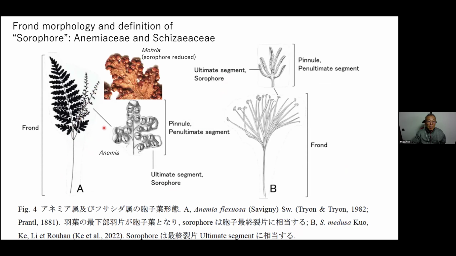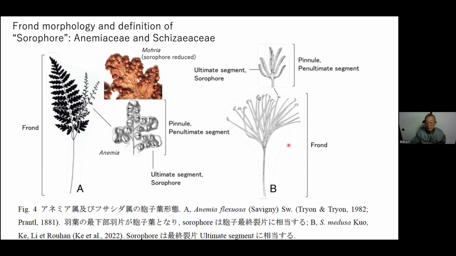And each pinna has this kind of segments, and each segment is like a short sorophore forming 2 lines of sporangia along the midrib. So the earlier workers used different names for these structures, sometimes sorophore and sometimes ultimate fertile segment, etc. And we are going to compare these later.